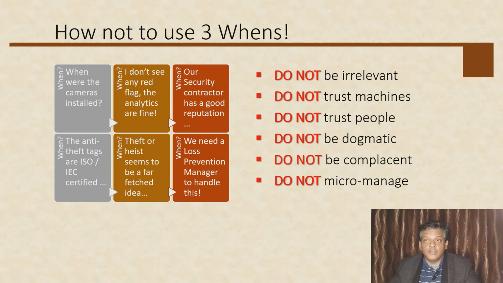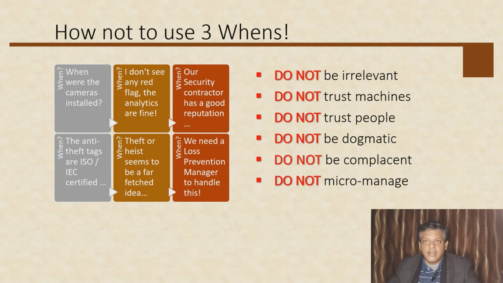And obviously do not trust people too, because having too much trust or faith in people can lead you to ignore certain things while using this technique. For example, a security contractor has a good reputation. One should not make that mistake. And do not be dogmatic and say that the anti-theft tags are ISO, IEC certified.